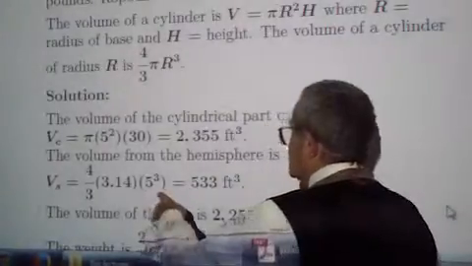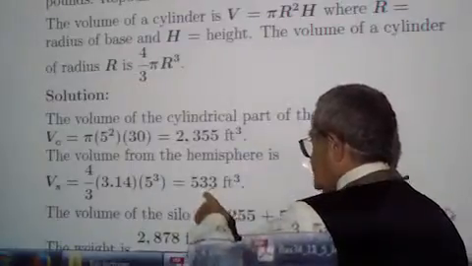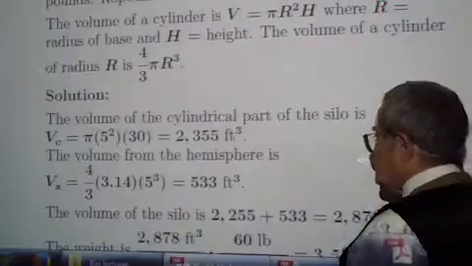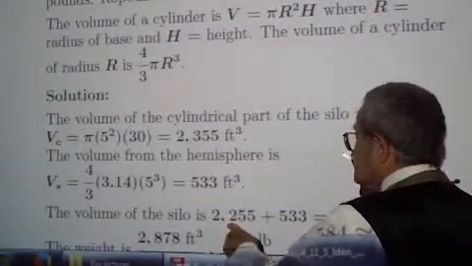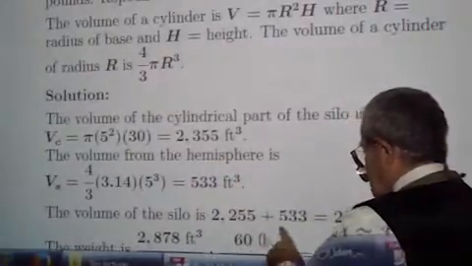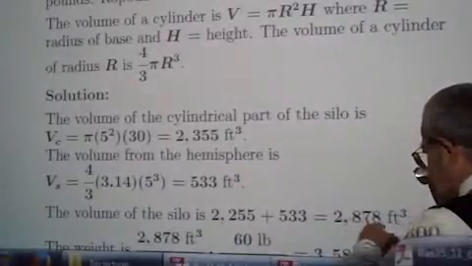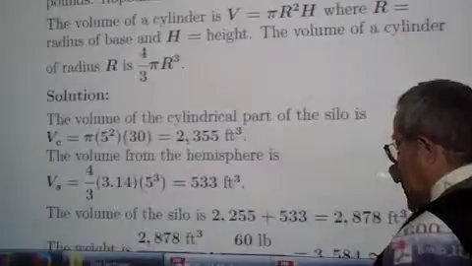I made it the total sphere, so this number is twice as big as it should be. The total then should be 2,355 plus 1/2 of 533. A little bit less than this, about 2,500 in that neighborhood.